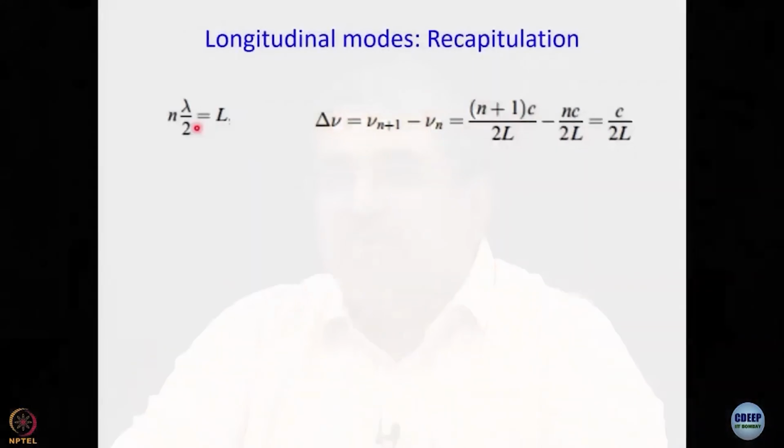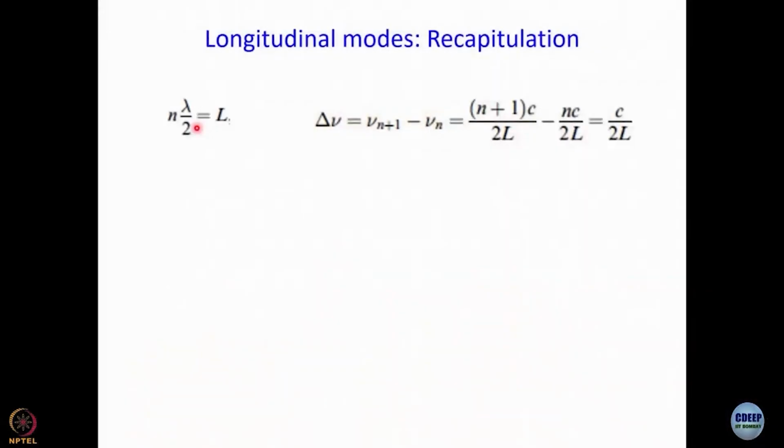Secondly, we have worked out the expression for delta nu, the difference in frequencies of two successive modes, mode number n and mode number n plus 1, and that turned out to be c divided by 2L. And c divided by 2L is actually an interesting quantity. What is 2L by c?